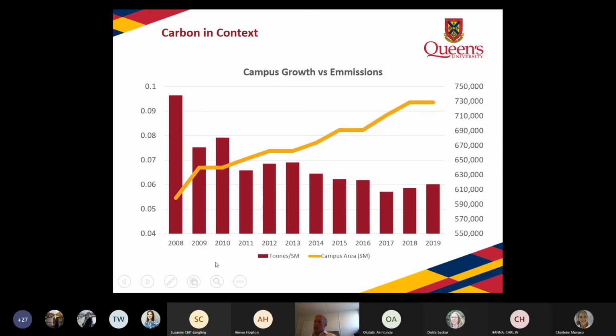This next slide I like to show because it shows the ratio: the yellow line going upwards shows the increase in our square footage on campus, or sorry, square meters. We've added almost over 100,000 square meters of space on campus since 2008. I think we've put up 8 buildings over that time, and they're quite large too.